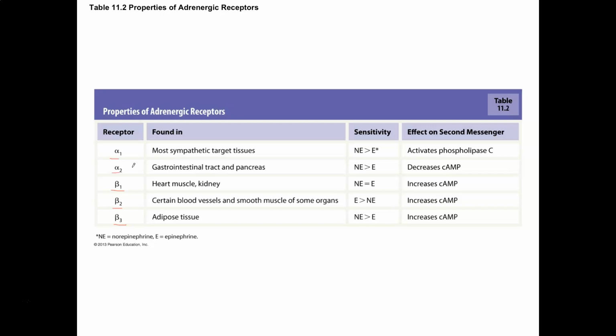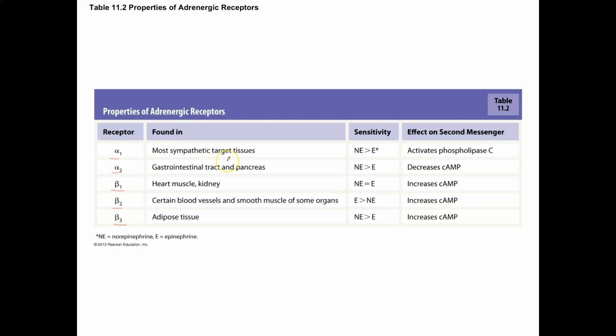Our two major classes of receptors are the alpha and beta variety, and then we see the subclassifications: the alpha 1s, the beta 1s, the beta 2s, the alpha 2s, etc. The alpha receptors work differently.